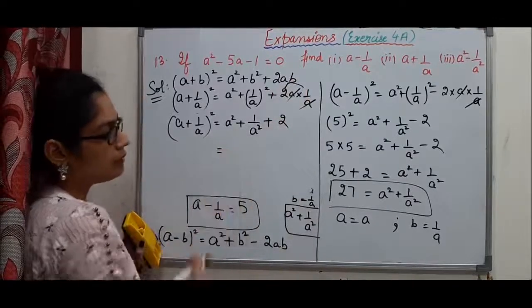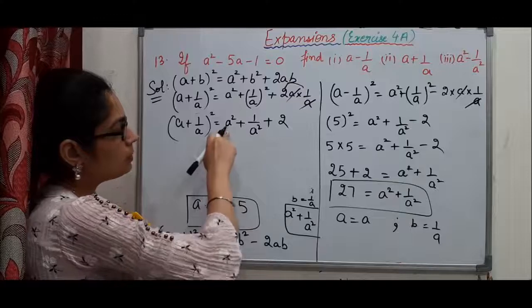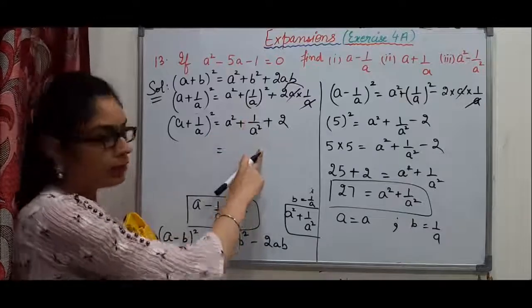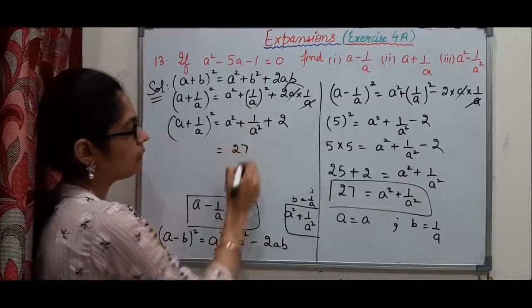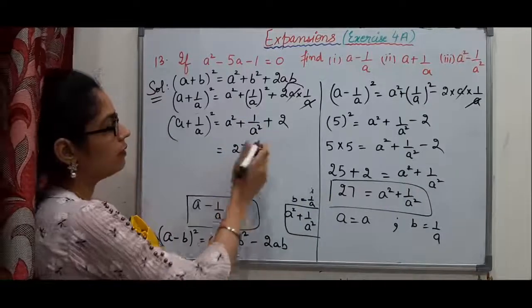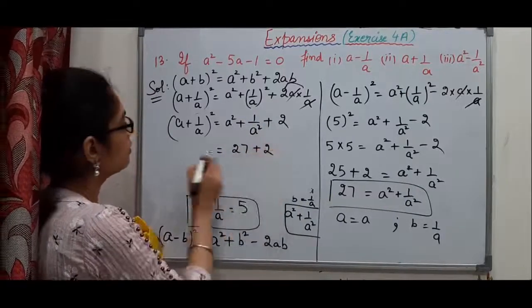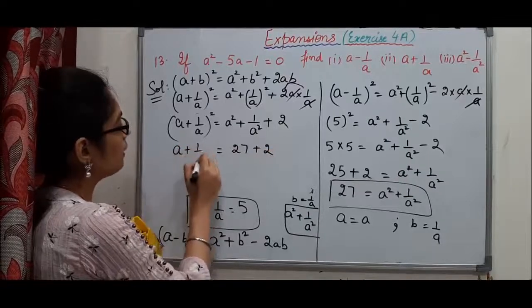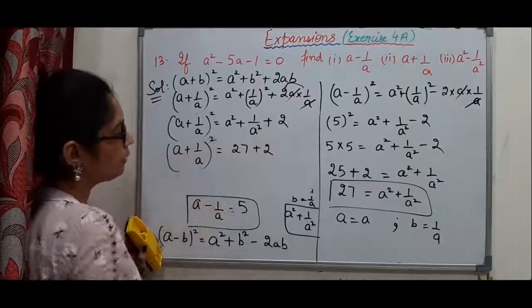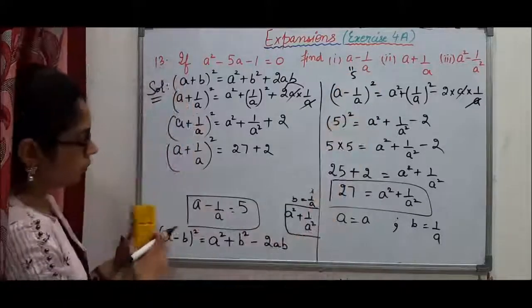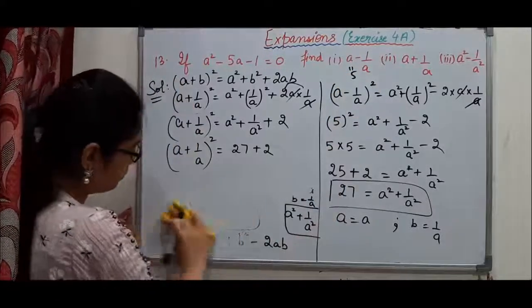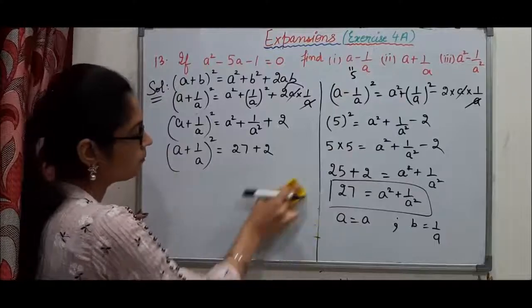So this value we have calculated just now, a square plus 1 by a square, it is equals to 27. So I will write the value here 27, this plus 2 as it is. So a plus 1 by a whole square is equals to 27 plus 2. So 27 plus 2 is 29.